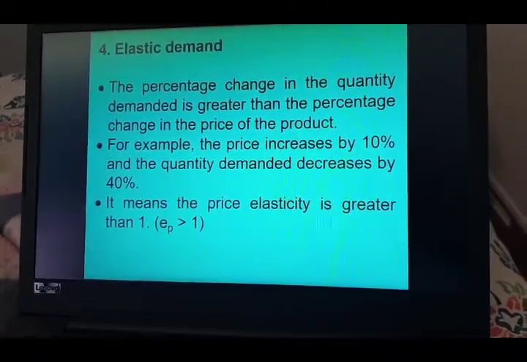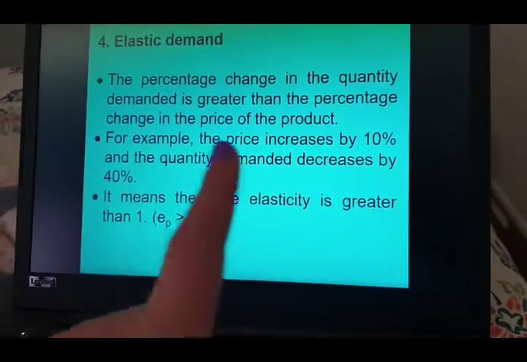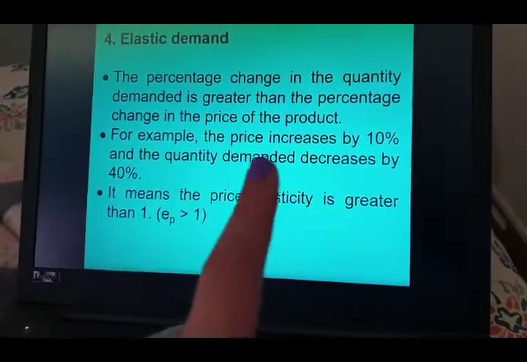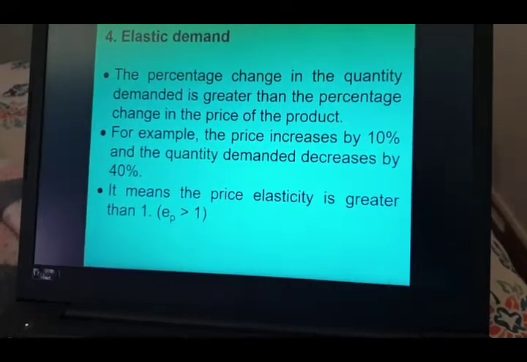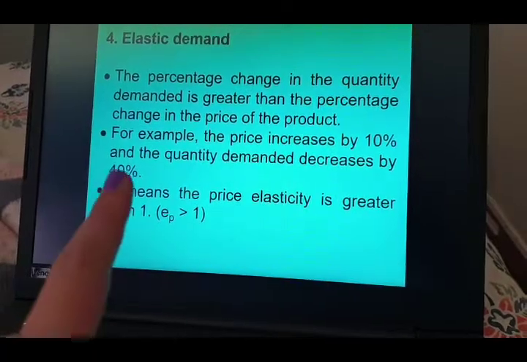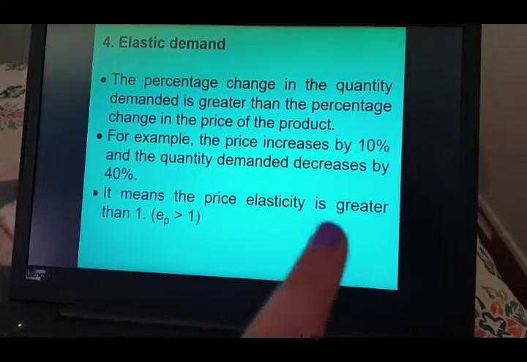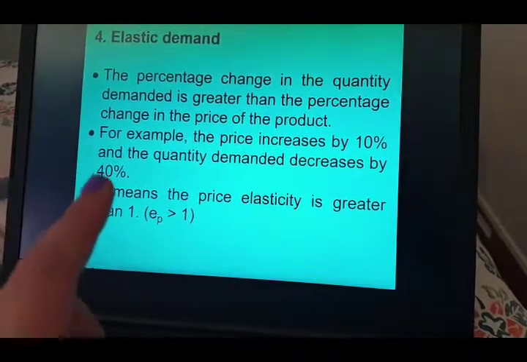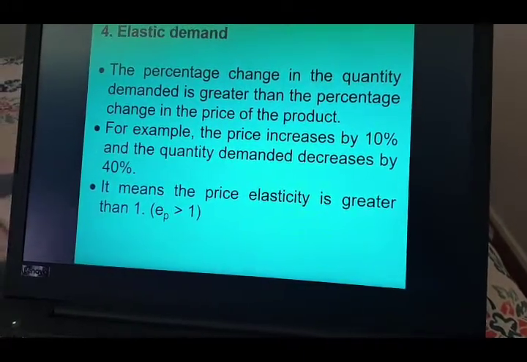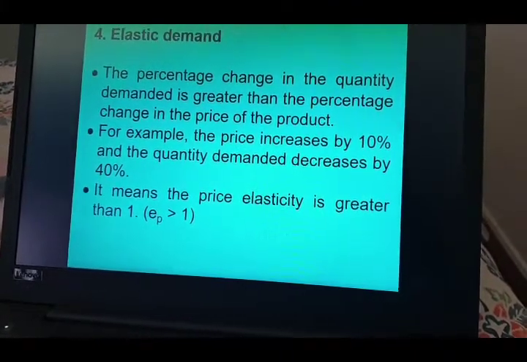Elastic demand: the percentage change in the quantity demanded is greater than the percentage change in the price of the product. For example, the price of perfume increased by 10% and the quantity demanded decreased by 40%. That means if the price only increases by 10%, 40% fewer people are actually going to demand perfume, because it's not a necessity.